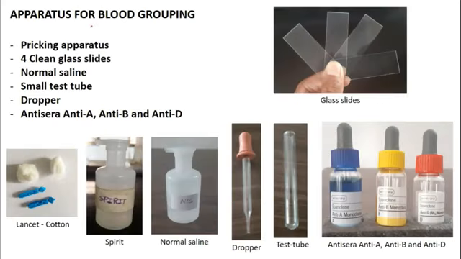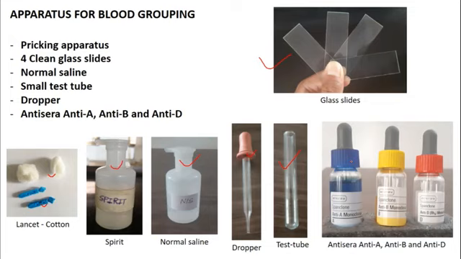Apparatus for blood grouping: pricking apparatus, which includes the spirit, lancet and cotton. You need 4 clean glass slides, normal saline, a small test tube, a dropper, and anti-sera preparations anti-A, anti-B and anti-D.